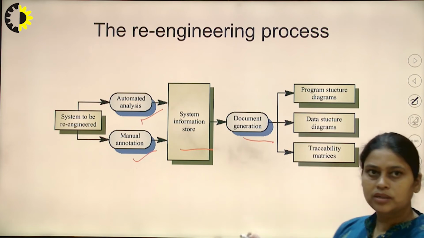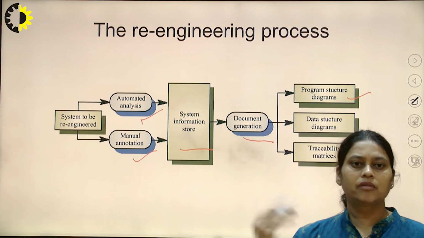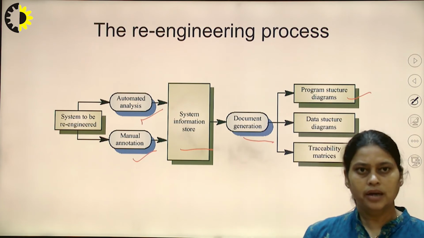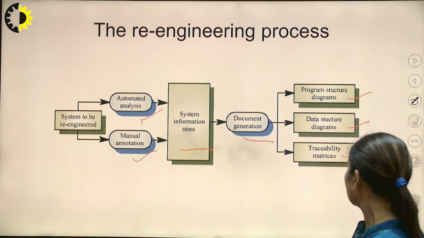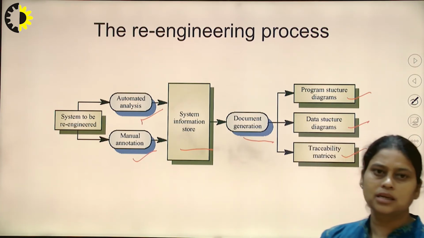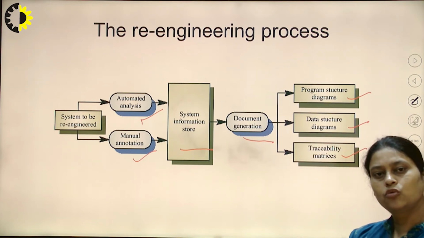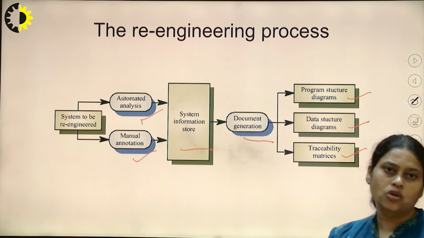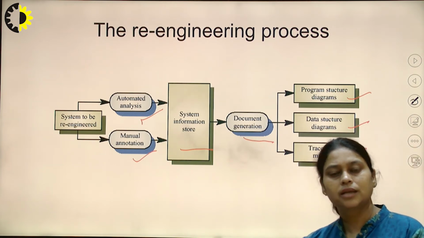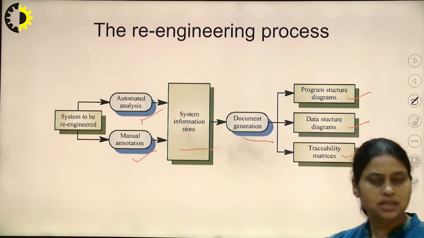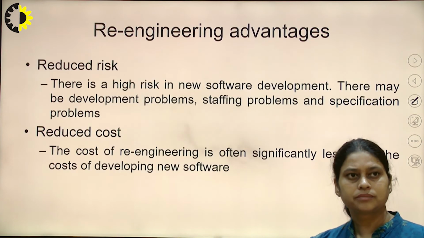In the documents we require program structure diagrams like ER diagram, DFD, structure chart, etc. Data structure diagrams are also required, and we also need a traceability matrix in this process, because we first have to trace the existing software; we are not working on new software, we are just working on the existing software. That is why a traceability matrix is needed in the re-engineering process.